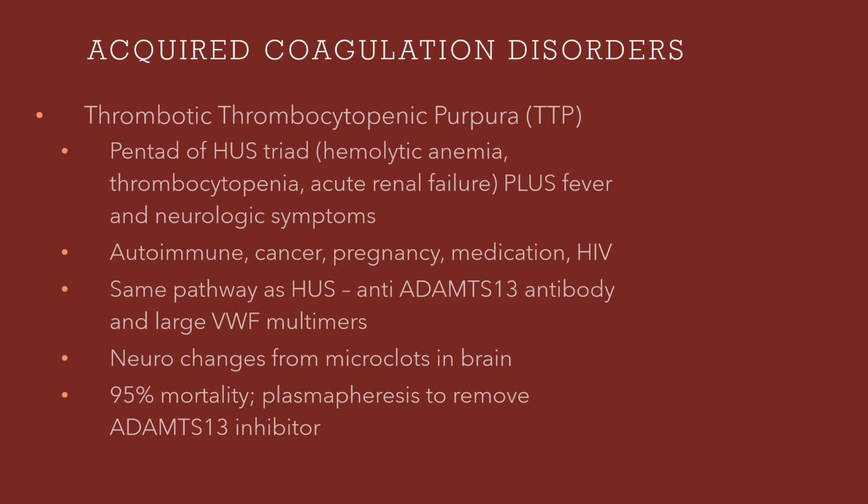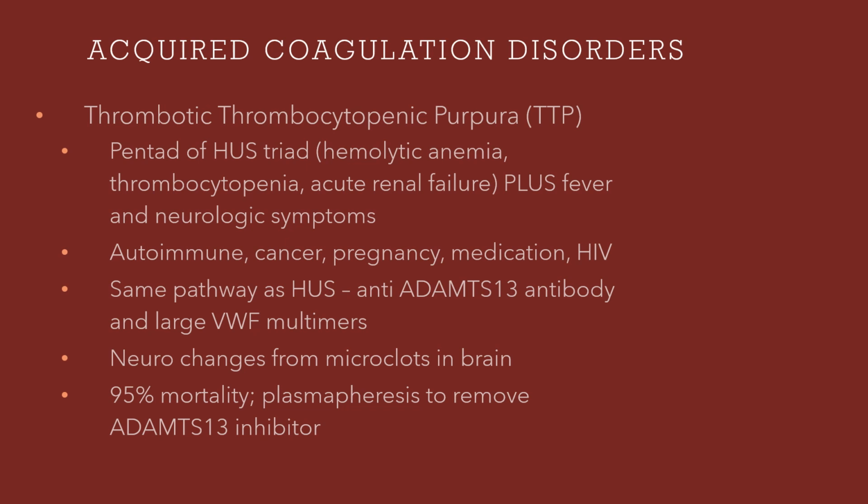TTP looks a lot like HUS. It has the triad of hemolytic anemia, thrombocytopenia, and acute renal failure. But TTP also has fever and neurologic symptoms, so it's a pentad instead of the HUS triad. TTP can be from an autoimmune condition, cancer, pregnancy, medications, HIV.